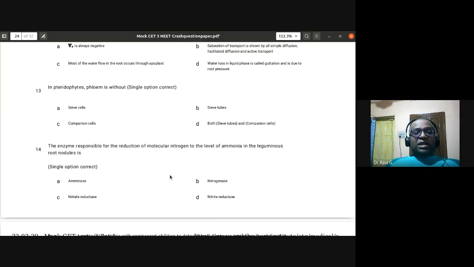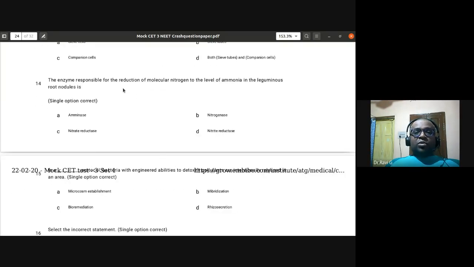Okay. The 14th one: the enzyme responsible for the reduction of molecular nitrogen to the level of ammonia in the leguminous root nodules. So which enzyme is involved?